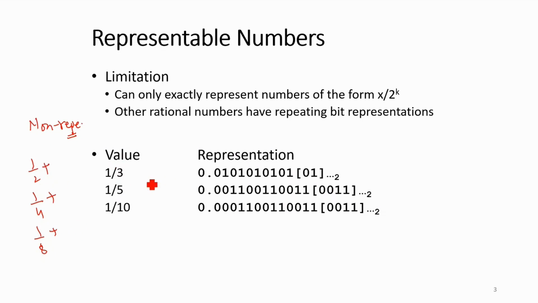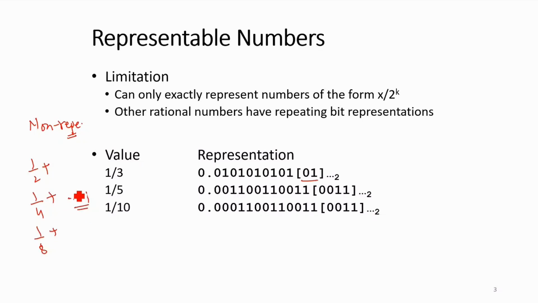If it is 1 by 3, you can see it is not going to stop; it repeats till infinity, so it is 0 1 0 1 0 1, where 0 1 is repeating here. And 1 by 4 is 0.001, which is non-repetitive.